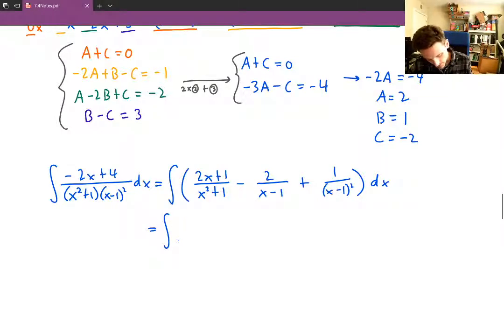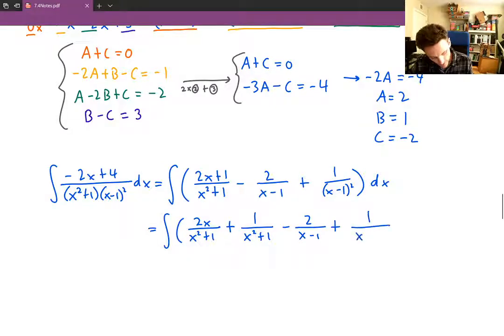So here we'll have 2x over x squared plus 1 plus 1 over x squared plus 1, minus 2 over x minus 1, and then plus 1 over (x minus 1) squared dx.